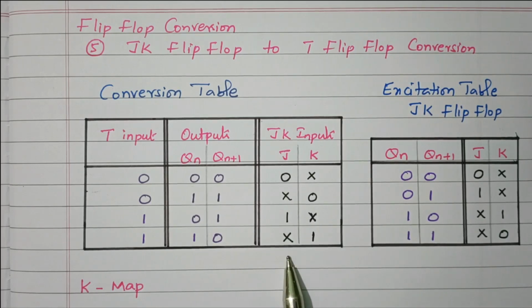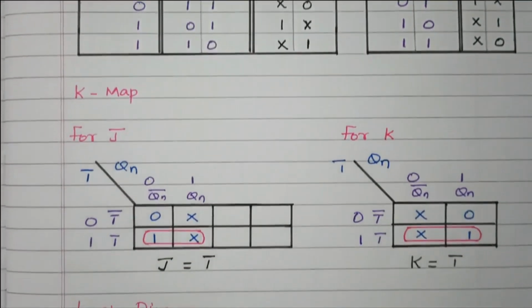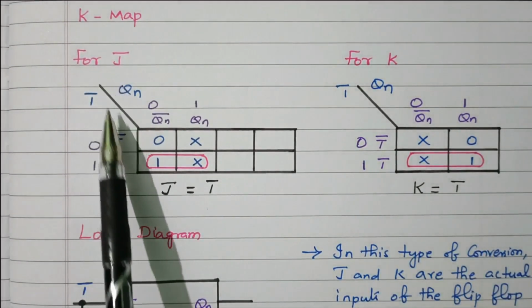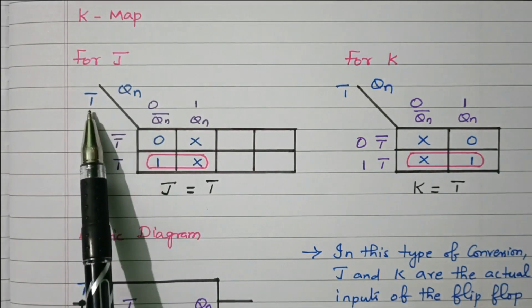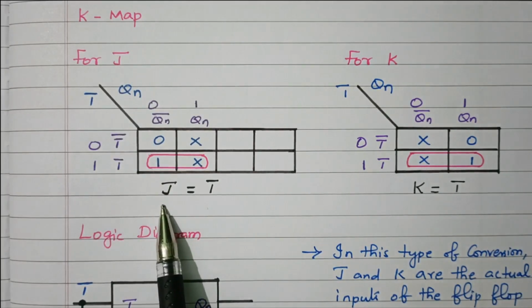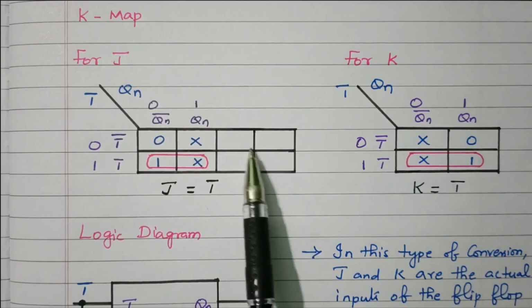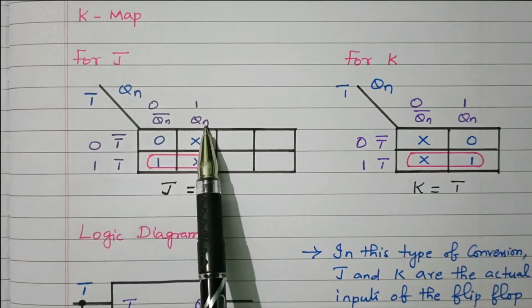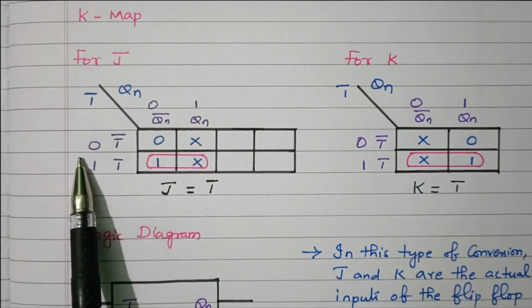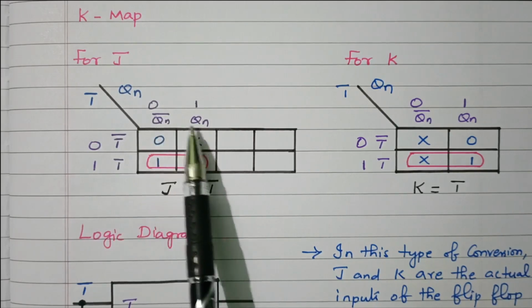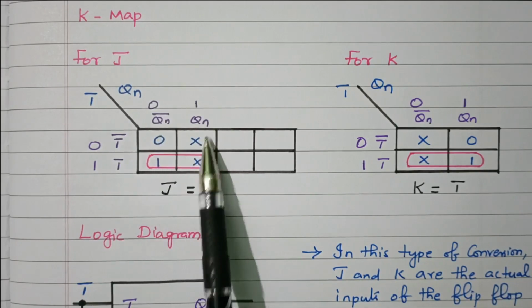Now we'll see the logical expression for J and K using the Karnaugh map, K map. This is the K map, first for J. There are two inputs, T and Qn, and from that we can find the expression for J. This is a 2 variable map, so these two boxes are not needed. T is placed vertically and Qn horizontally. T is 1 variable with 2 possibilities, 0 and 1: T bar, T. Qn is also 1 variable with 2 possibilities, Qn bar and Qn.